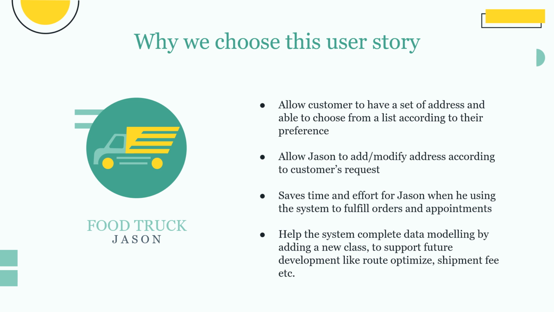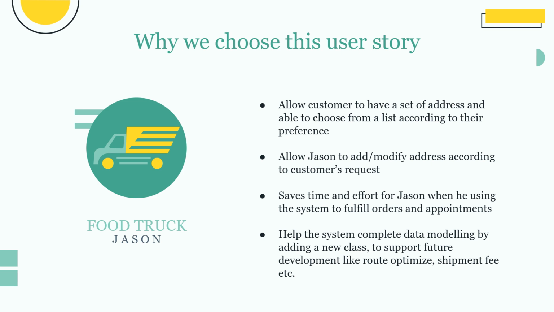Also, it saves time and effort for Jason when he is using the system to fulfill orders and appointments. The system doesn't need manual input every time. Instead, it will prompt a list for the customer, and Jason can choose the preferable address from the list, which saves a lot of time.